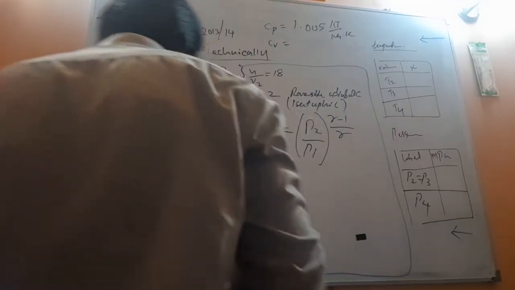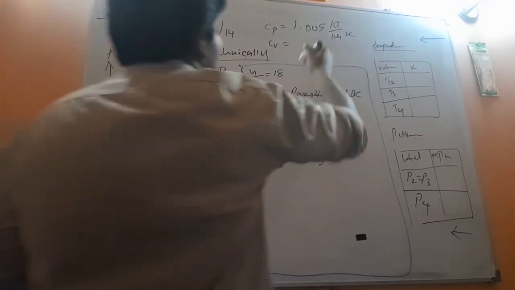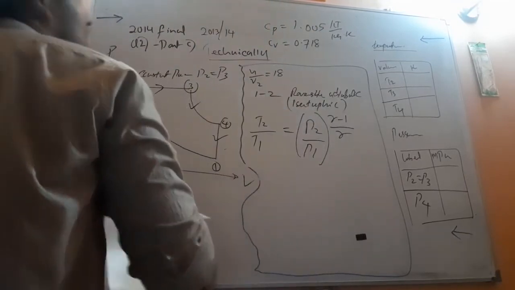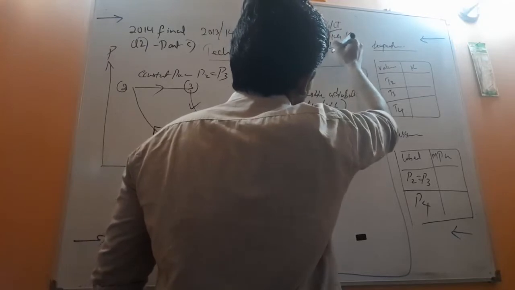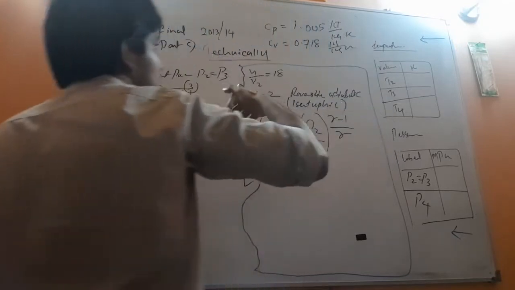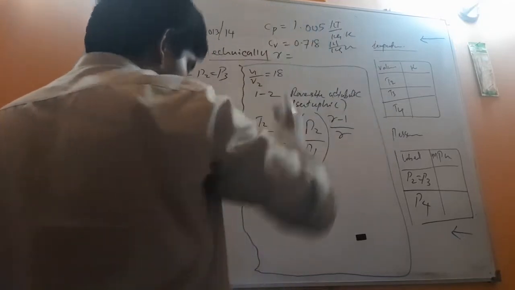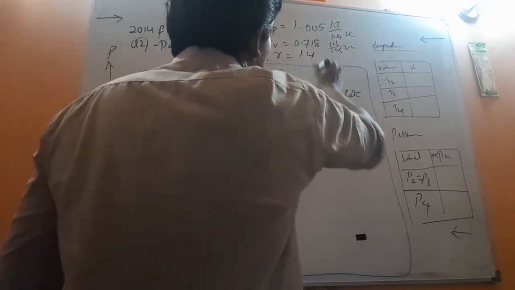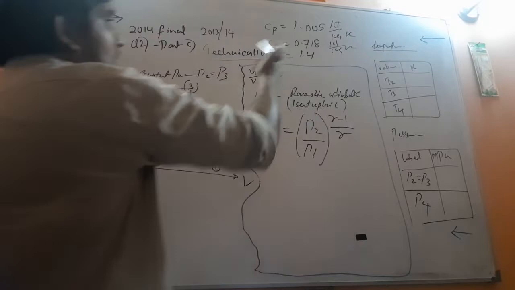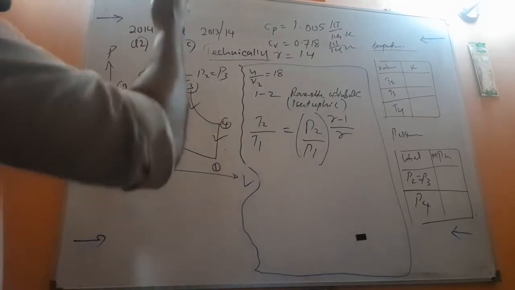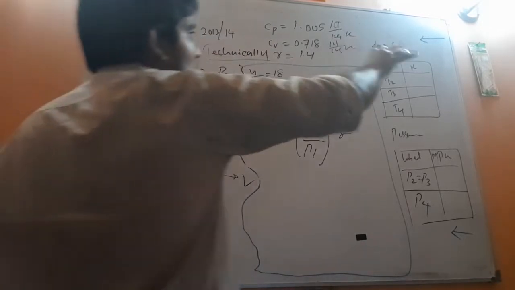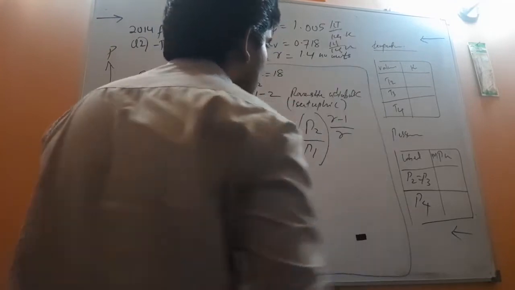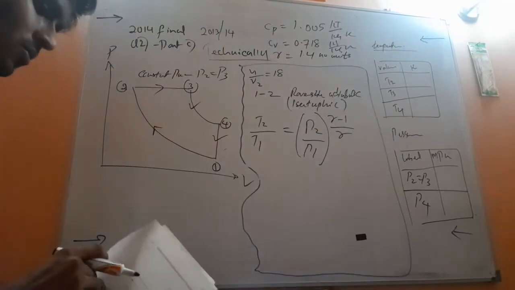And they have also given us the value of gamma in the question paper itself. That is 1.4. Gamma has no units, because it is the ratio of Cp and Cv.